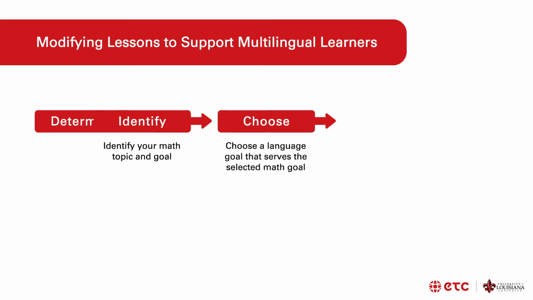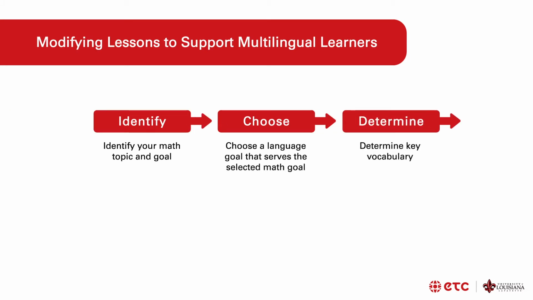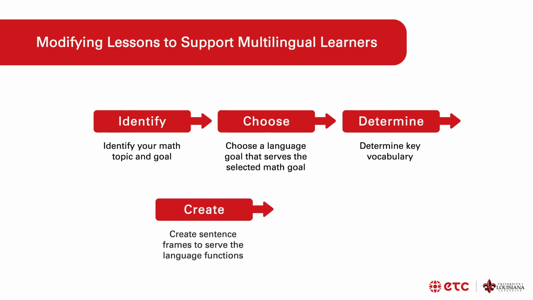You're going to determine key vocabulary for the lesson, create sentence frames which serve the language functions of the lesson. At that point, we're actually going to sneak back around and revise our language goal, because going through those steps of determining key vocabulary and creating sentence frames can help us think about how to make our language goal more specific and measurable for students.